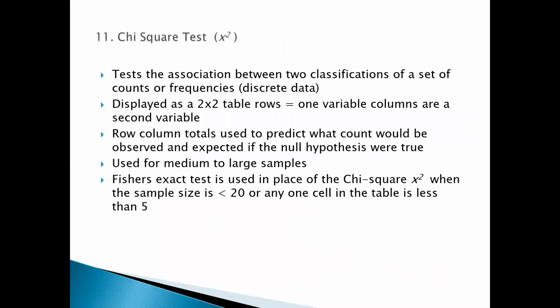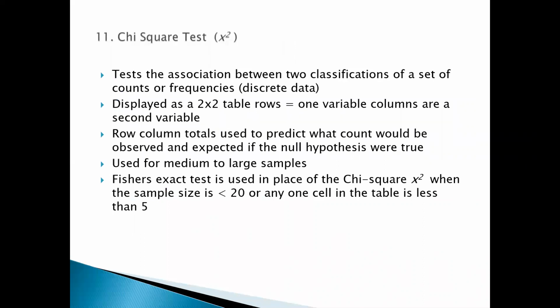All right, what's a chi-square test? It tests the association between two classifications of a set of counts or frequencies. So that's discrete data. It's displayed as a 2-by-2 table, so that's rows and columns of 2, so there's 4 cells total.